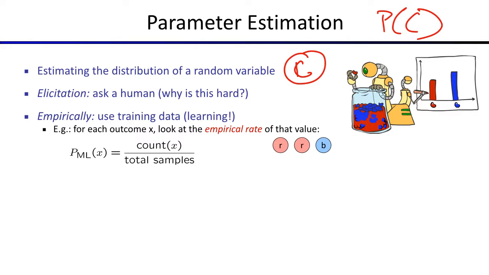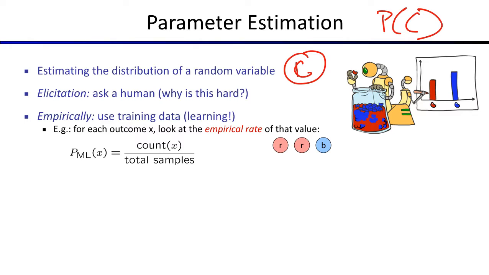Structurally, when we were doing model-based RL, there was a transition function, and I want to learn the parameters of that transition function.